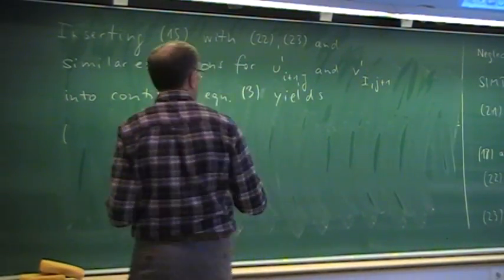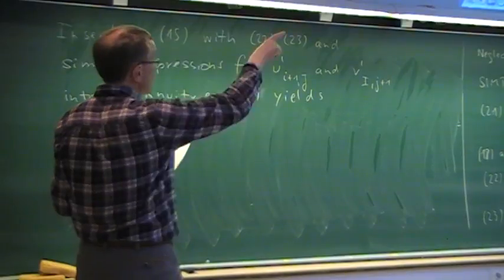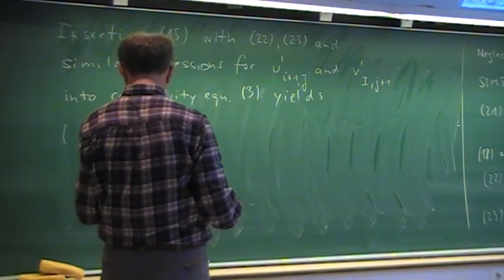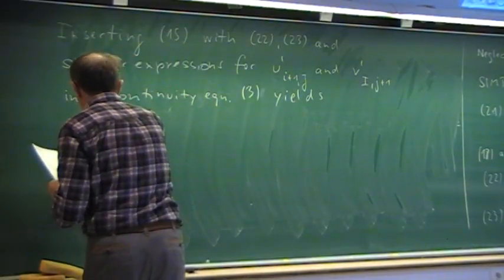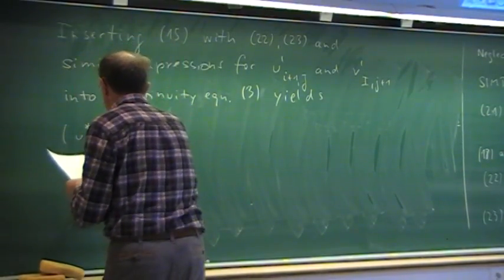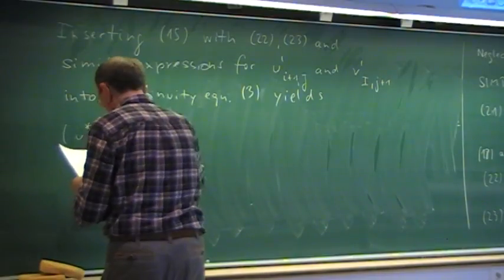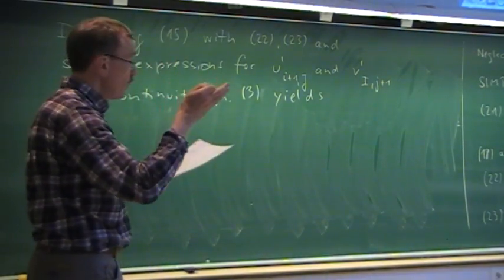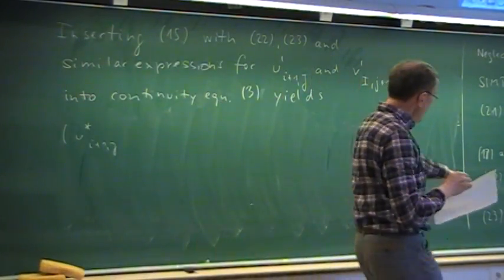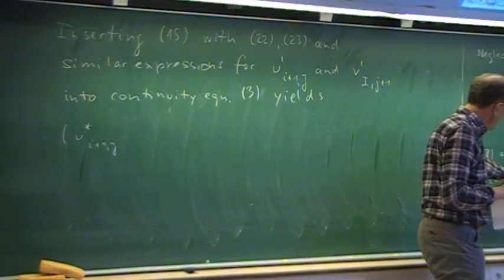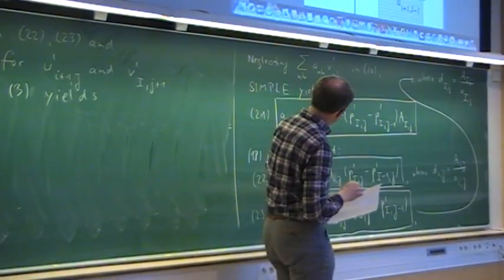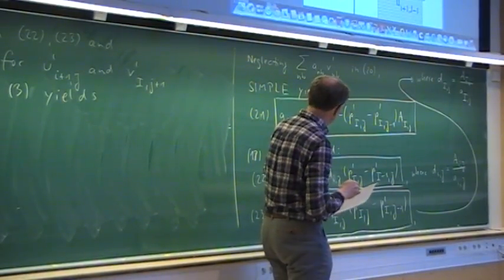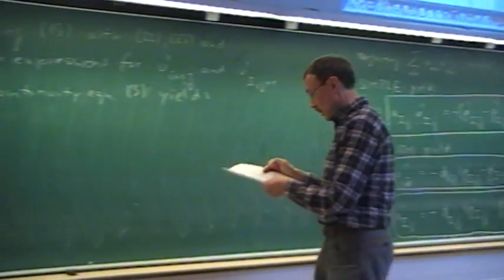So we start with the eastern face that is indicated there, u i plus 1 j. And this u i plus 1 j is the u star at that point plus the u prime. And the u prime we get from the corresponding formula to 22 at this location. So we just have to increment the I to I plus 1 and then use this formula.